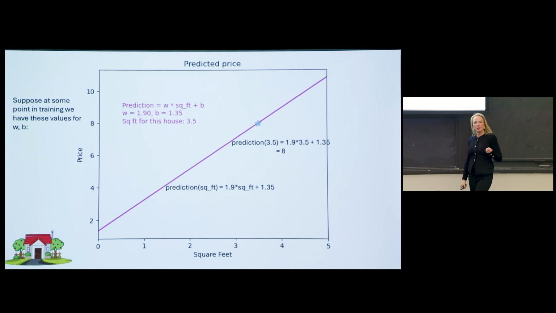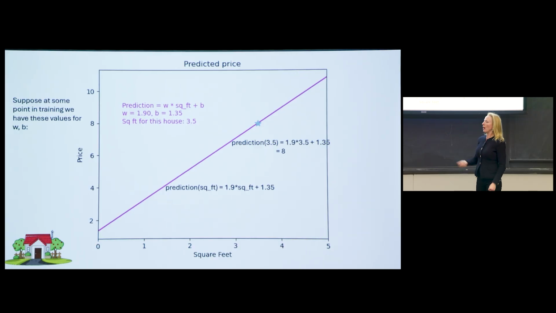Once I fix on the house with a particular amount of square footage, I can just as easily consider the prediction to be a function of this weight W. Or indeed of the bias B, but I'm just going to focus on the weight W. It's just two numbers multiplying each other.